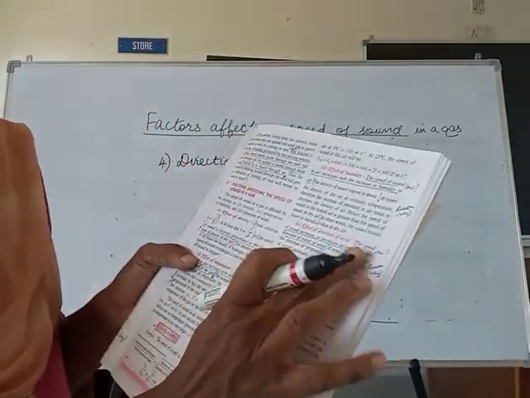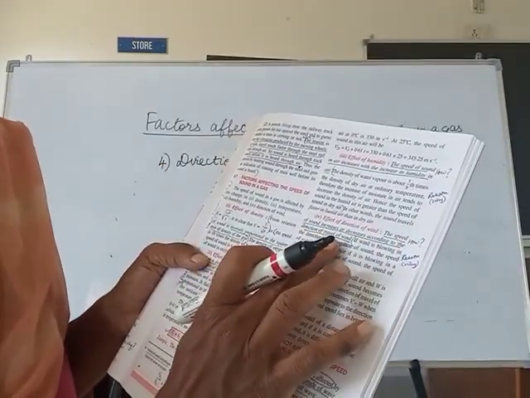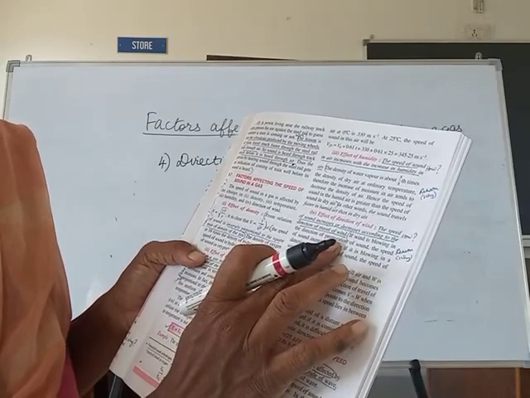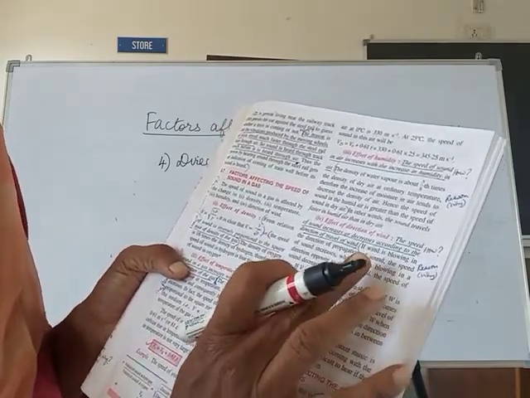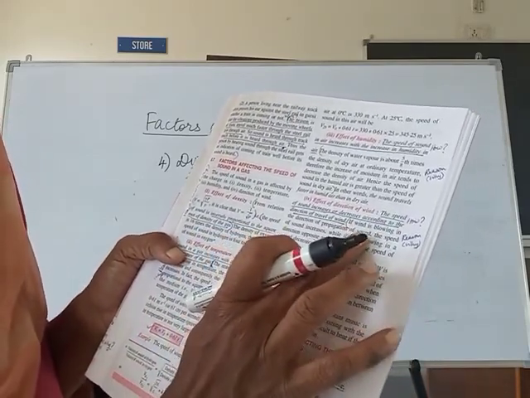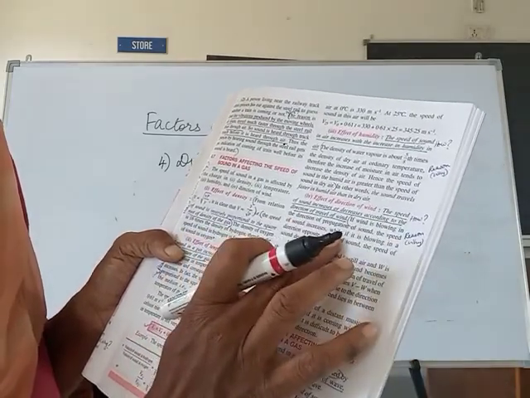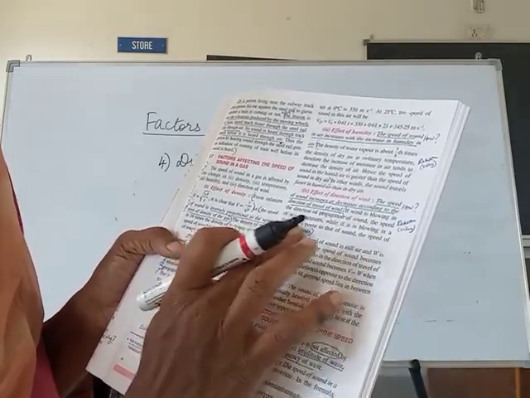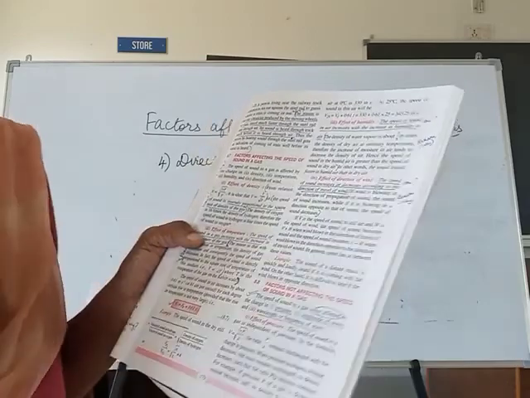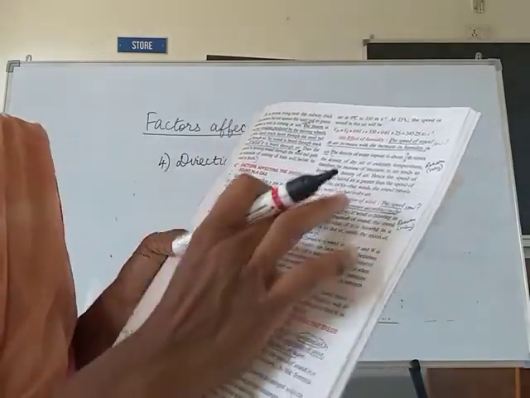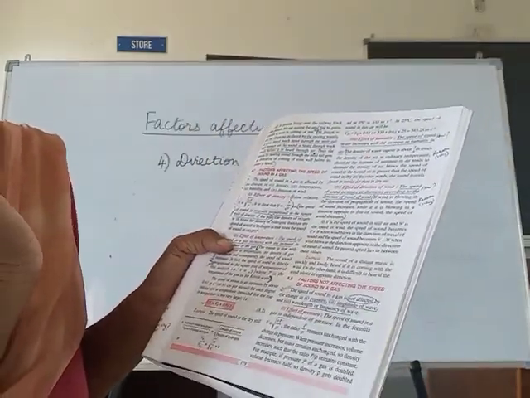Then the explanation will go on like this: if wind is blowing in the direction of propagation of sound, speed of sound increases, while if it is blowing in the opposite direction, the speed of sound decreases. Okay, so this is a much easier factor.